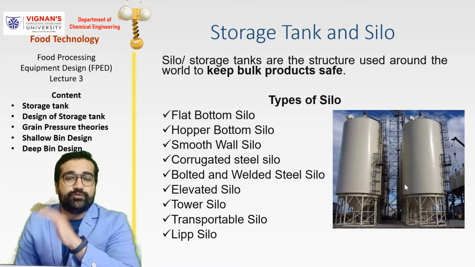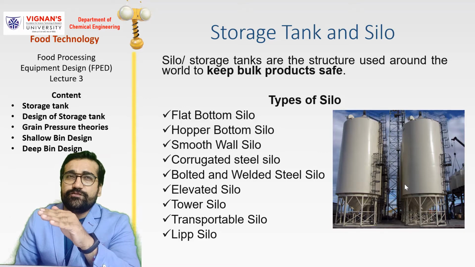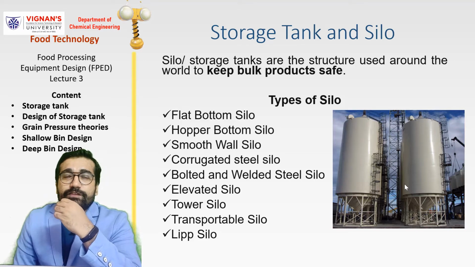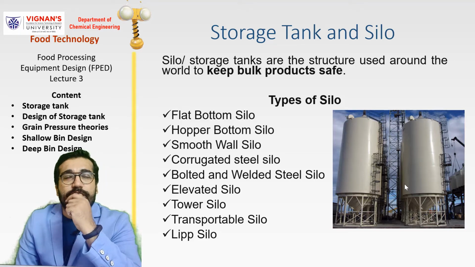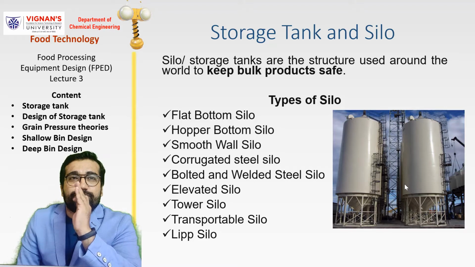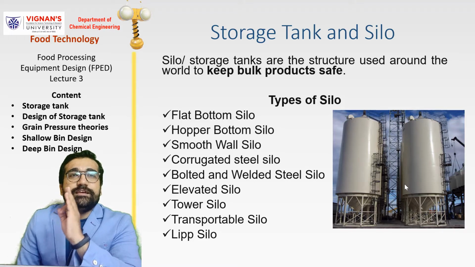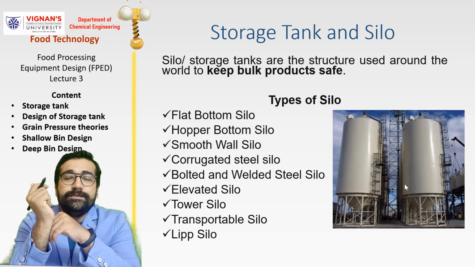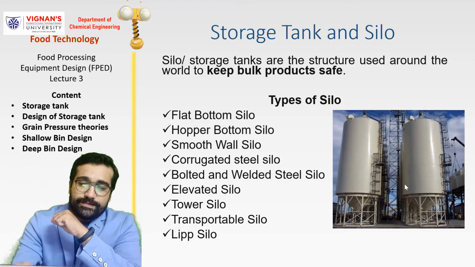These are generally used for storage of juices and milk, because if the silo has a corrugated shape, there are problems in cleaning the silos. Hence this type of silo is used mostly in the milk industry.